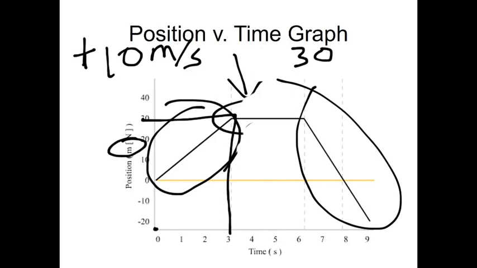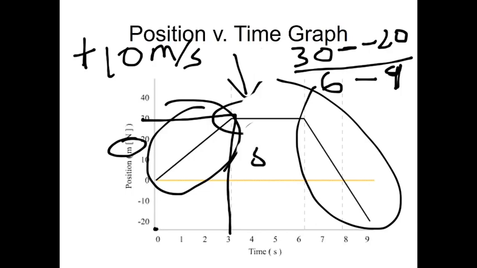So 30 minus negative 20, which is 50, over 6 minus 9, which is minus 3. So we end up with negative 50 over 3, and again, that would be meters per second.